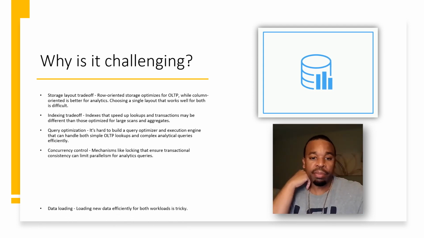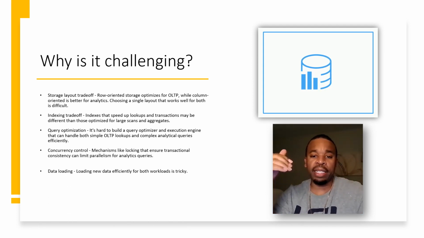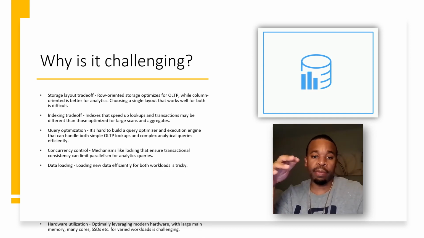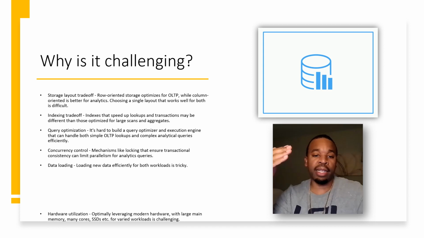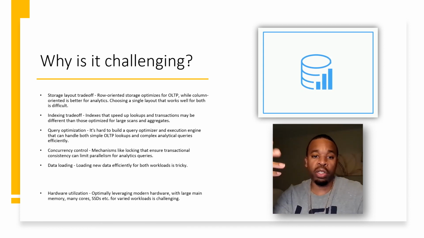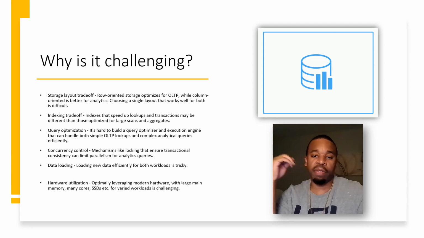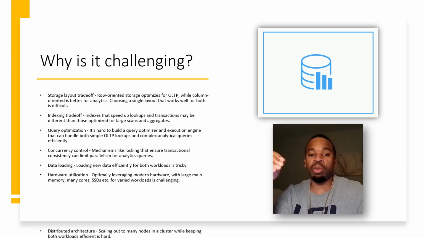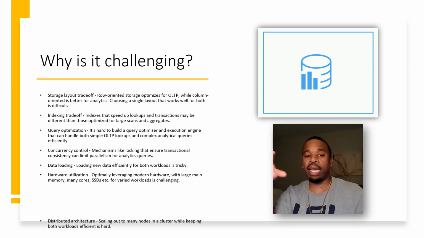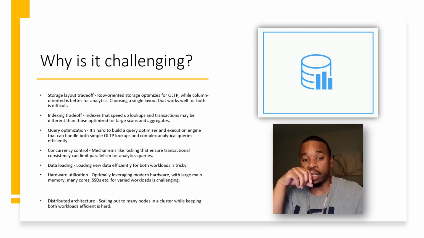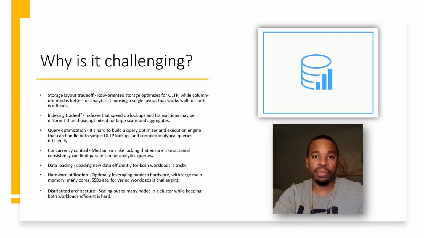Data loading: loading new data efficiently for both workloads is tricky. Hardware utilization: leveraging modern hardware with large main memory, many cores, and solid state drives for various workloads is challenging. And lastly, distributed architecture. Scaling out to many nodes in a cluster while keeping both workloads efficient is extremely hard.